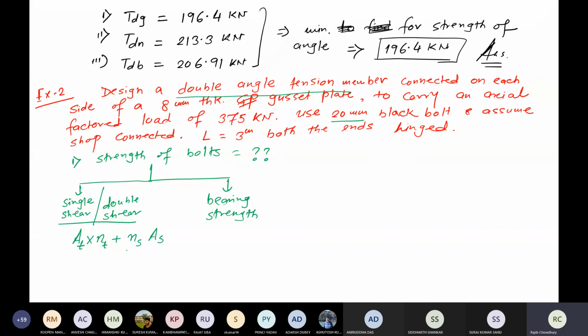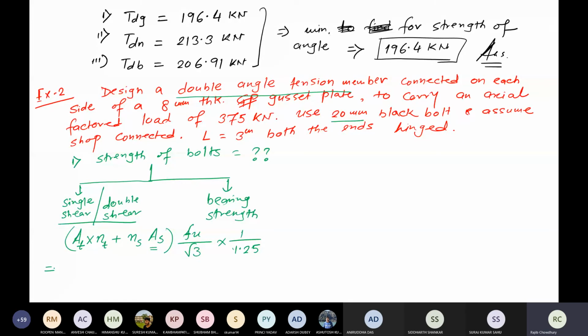NS means the number of planes intercepting the shank area, multiplied by the shank area, times FU, 400, divided by square root of 3, multiplied by 1 upon 1.25, which is the factor of safety.